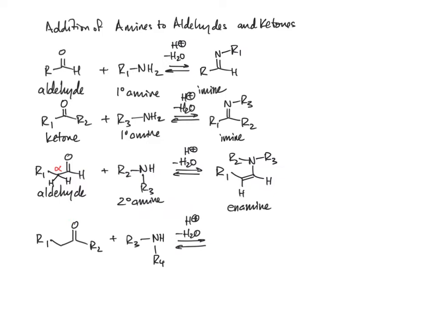Again, let's go ahead and say ketone, secondary amine. Put in these H's here. And again, that's the alpha carbon. So our module 3 is going to focus on chemistry of the alpha carbon, which is important if you're going on to study biochemistry as well. So let's draw our enamine.